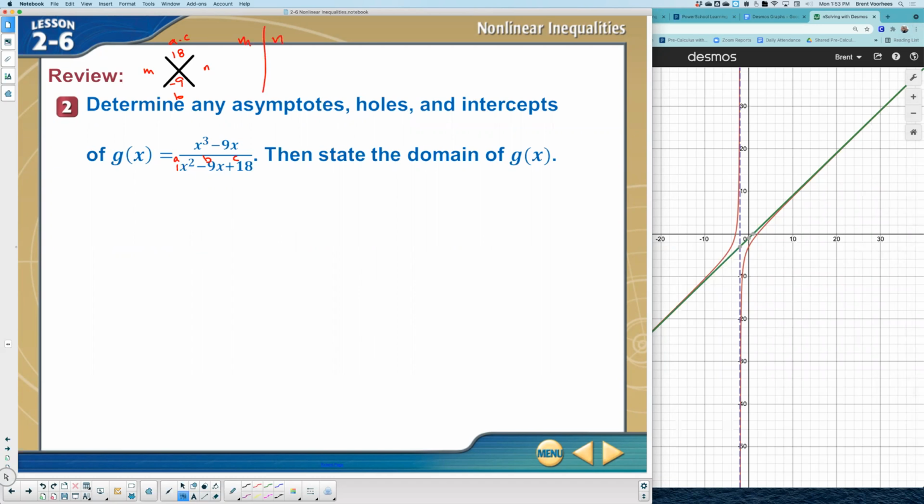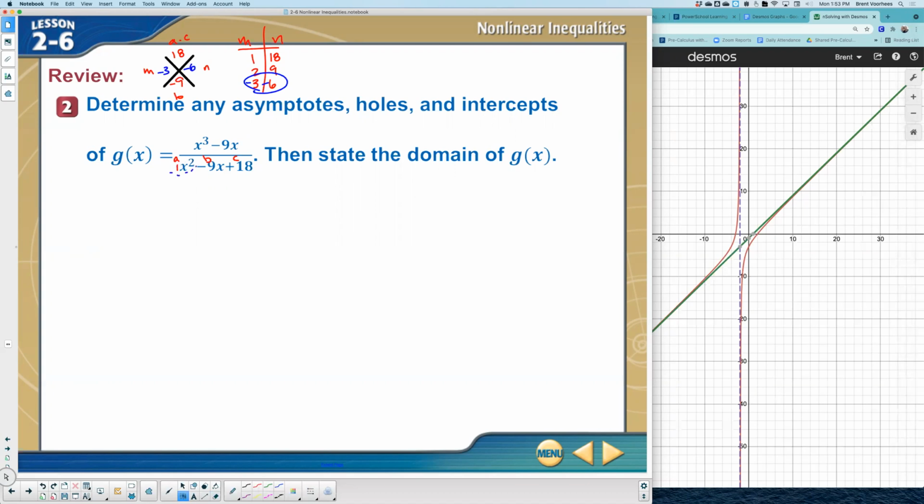So I'm looking for factors of 18 that add up to -9. There's 1 and 18 as a possibility. 2 times 9, 3 times 6. I think that's it. 4 doesn't go in 18, 5 doesn't go in 18. Which one of those can add up to be -9? How do I make that add up to -9? Both negatives. Whoops, that was a mistake. -3 and -6.